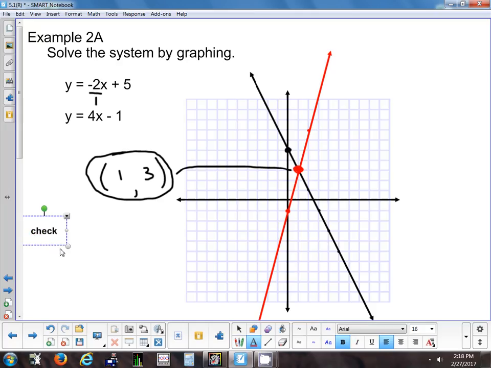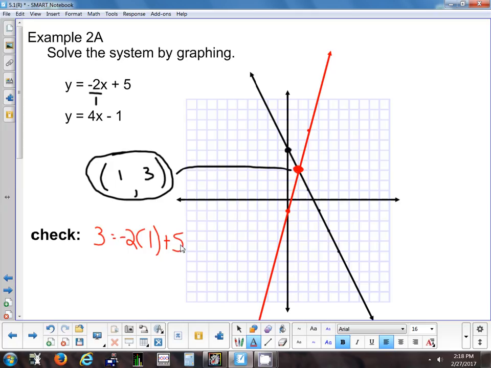Now, I got to check it. All right? So, for the first one, I'm going to have 3 equals -2 times 1 plus 5.